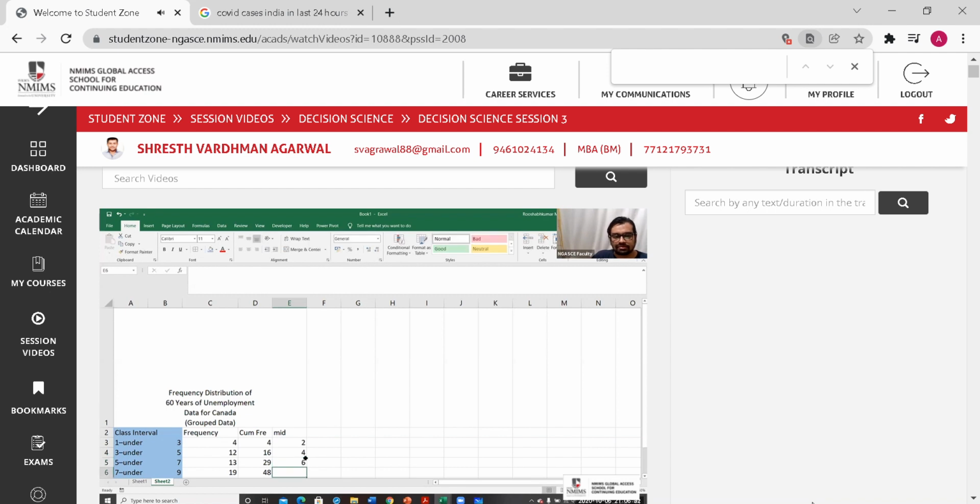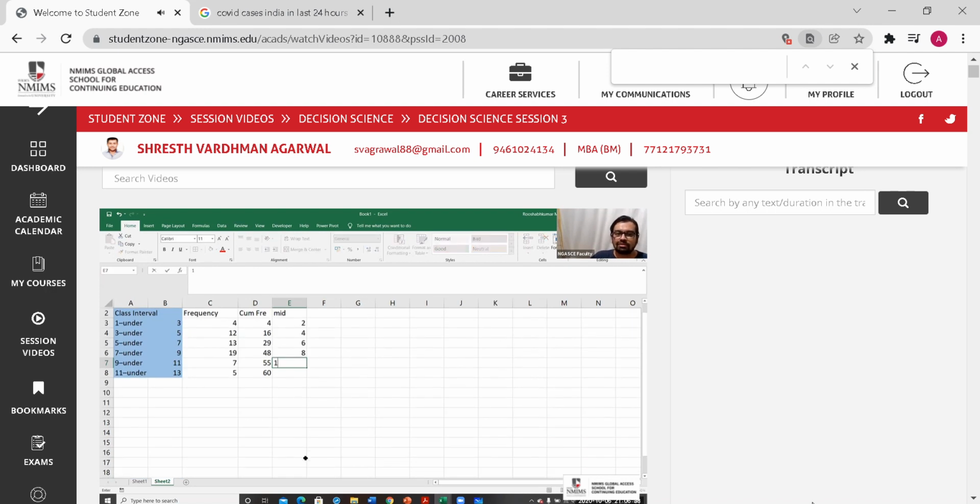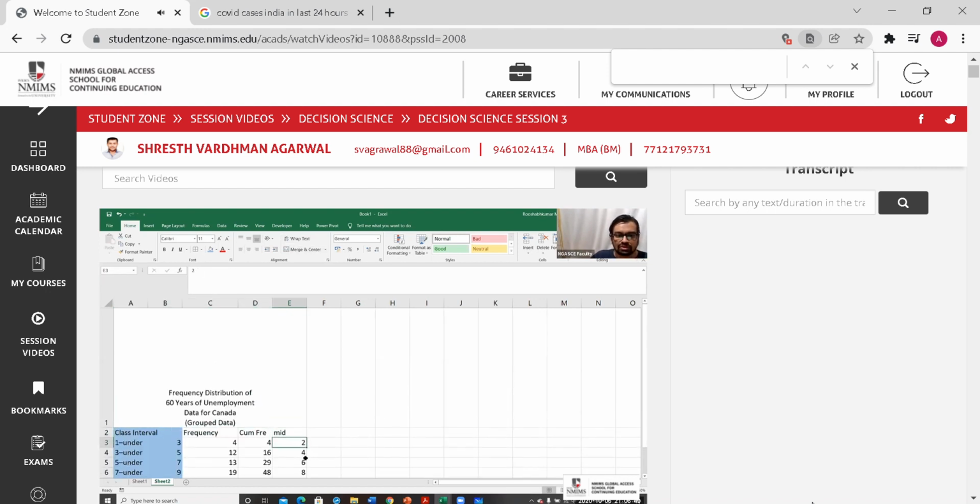It's 6 here. Now in the bracket of 7 to 9% unemployment rate, the midpoint is 8. Here the midpoint is 10%. Here the midpoint is 12%. So these are the unemployment rates, but these are the midpoints of the class intervals.